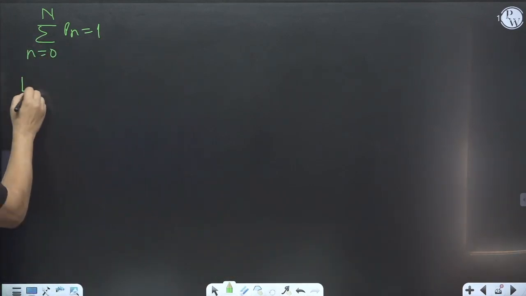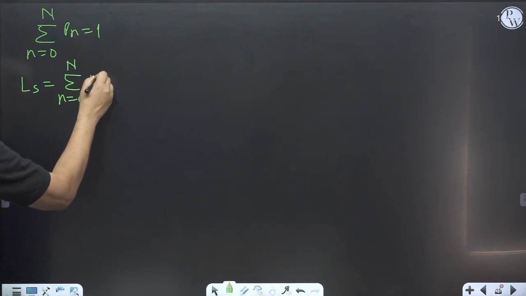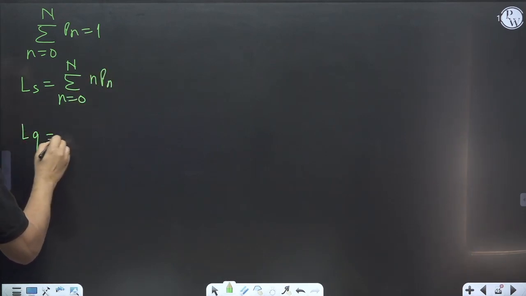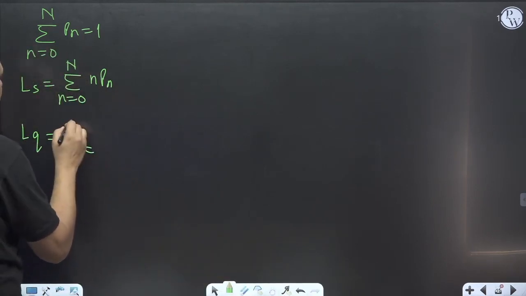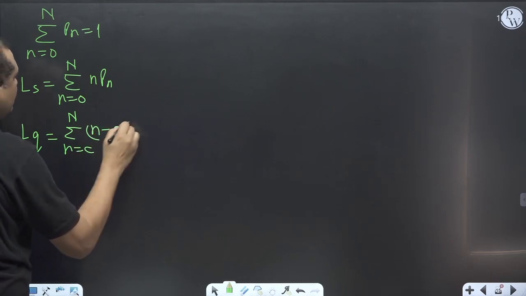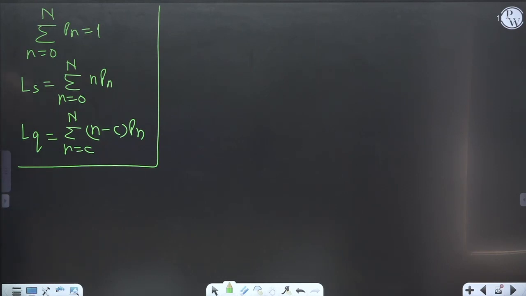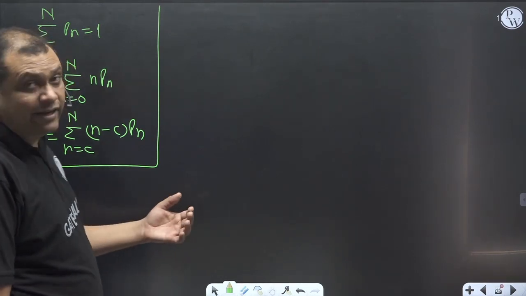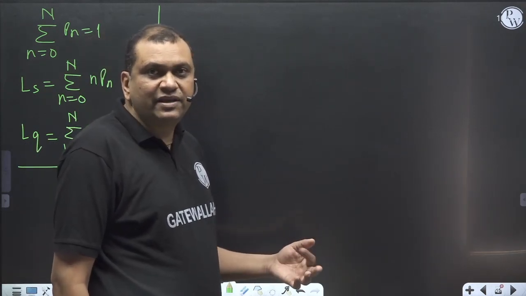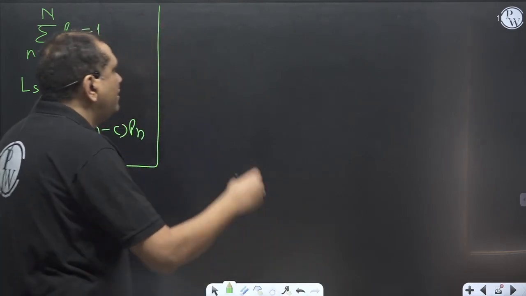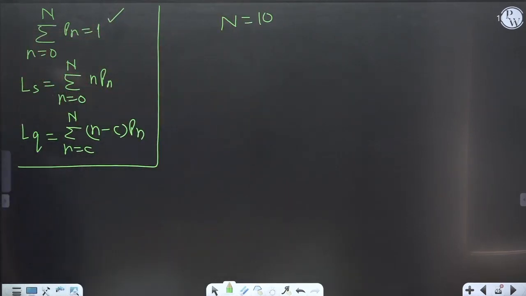And the length of system will be summation n is equal to 0 to capital N of n Pn. And the length of queue is nothing but summation n is equal to C to capital N of (n minus C) Pn. So only the infinite will be replaced by capital N, that's it. And here the system size is 10.